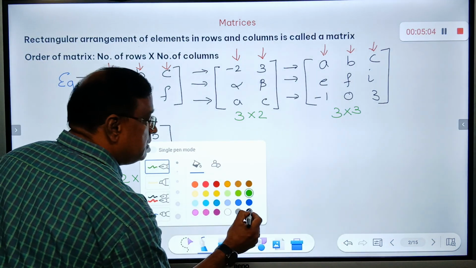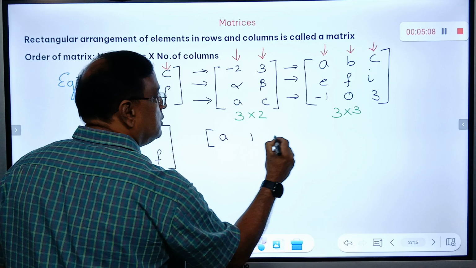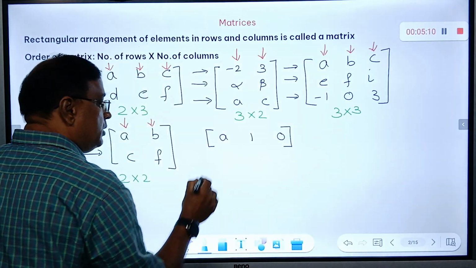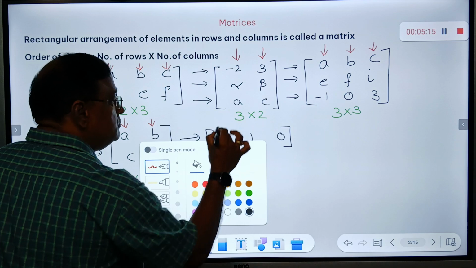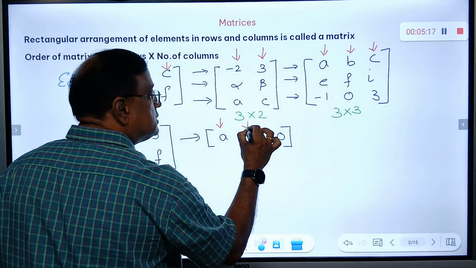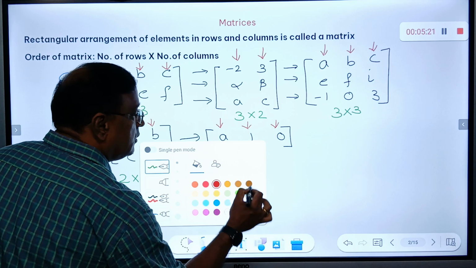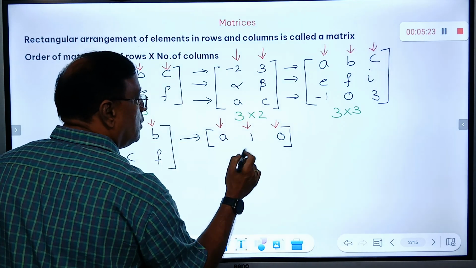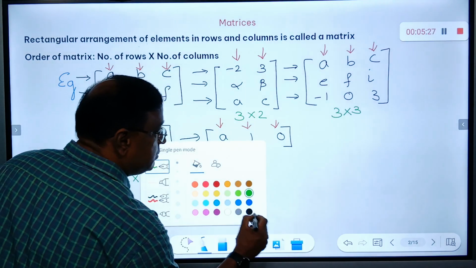Let's take one more example. Say A, 1, 0. So how many rows are there? It has one row. How many columns are there? It has three columns. So the order of this matrix is 1 by 3.